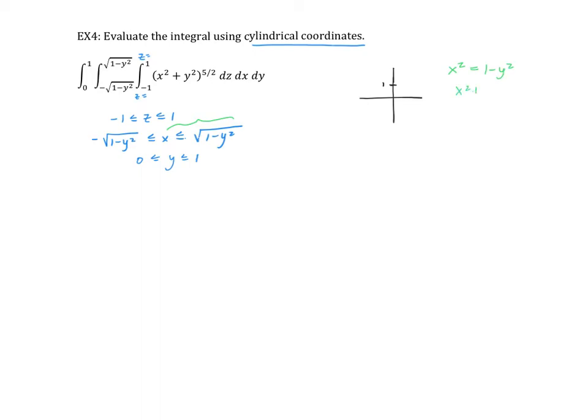And I get x squared plus y squared equal to 1. That's the unit circle. However, my y values are going from 0 to 1, which tells me that this is a half circle. It's the unit circle, so the radius r is going to go from 0 to 1. And the theta values will start here at theta is equal to 0, go all the way around, and end at theta is equal to pi.